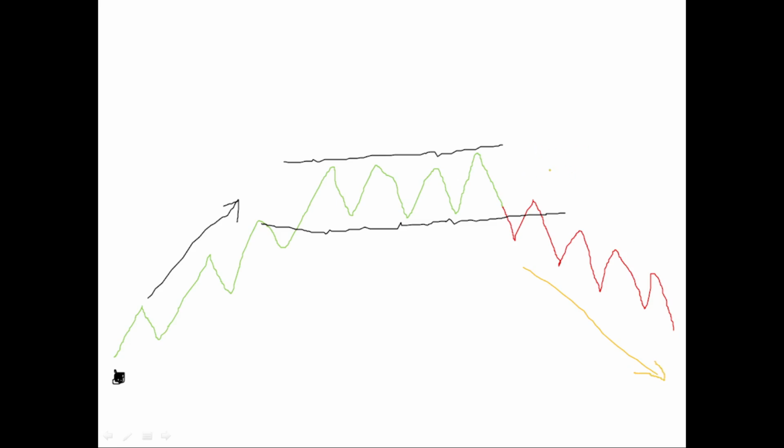A signal will appear here on top of the swing high, signaling the price is about to move lower. So basically this is how this particular indicator works. It will provide you signals before the move to the upside has started, or it will provide you with signals before the move to the downside has begun.